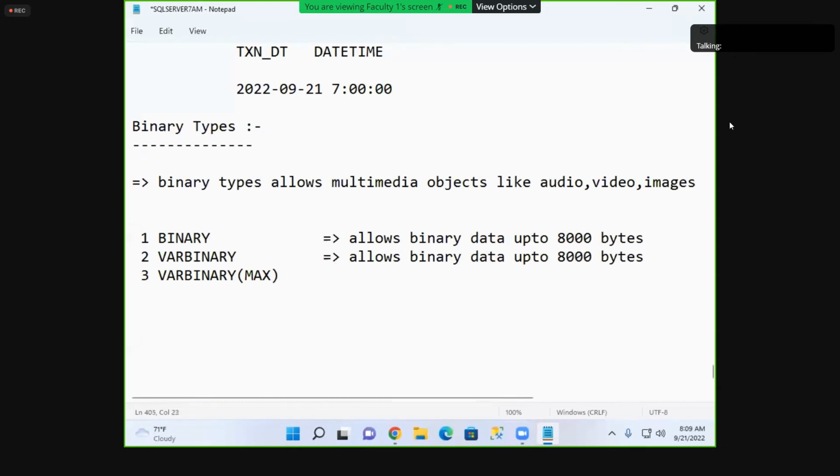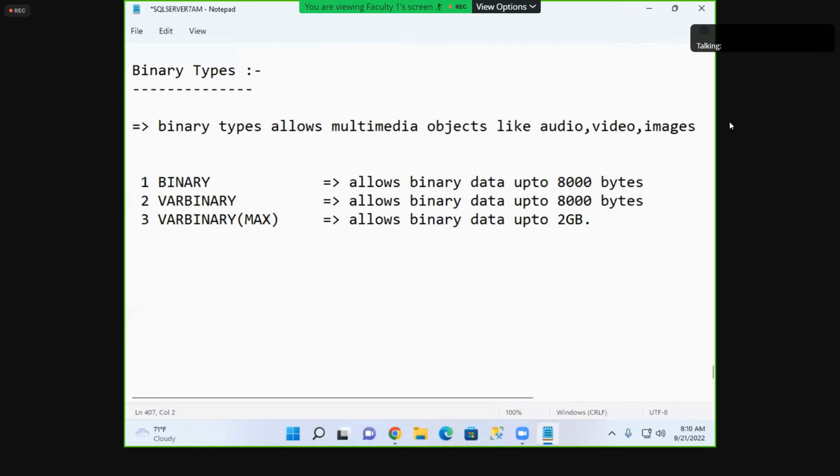Varbinary max allows binary data up to 2 GB.